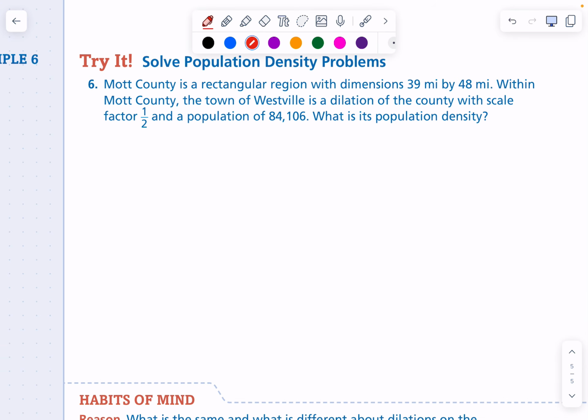I think this is a really great problem. Population density. Mott County is a rectangular region with dimensions 39 by 48 miles. The town of Westville is a dilation of the county with a scale factor of 1/2.